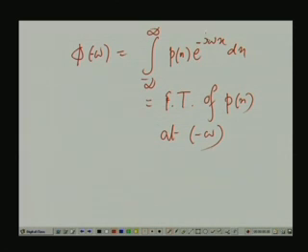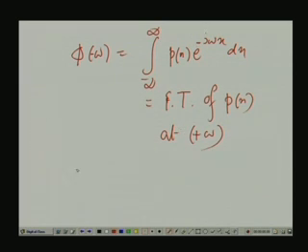Okay. So, phi of minus omega, then I put plus. If you put phi of minus omega, then it becomes simply the Fourier transform of p_x at plus omega.